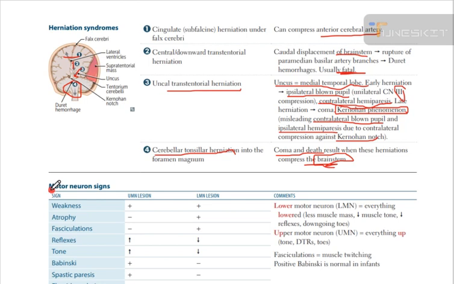So, motor neuron signs. Weakness: both have weakness. These are upper motor neuron lesions and these are lower motor neuron lesions. In upper motor neuron lesions, tone and reflexes are increased.